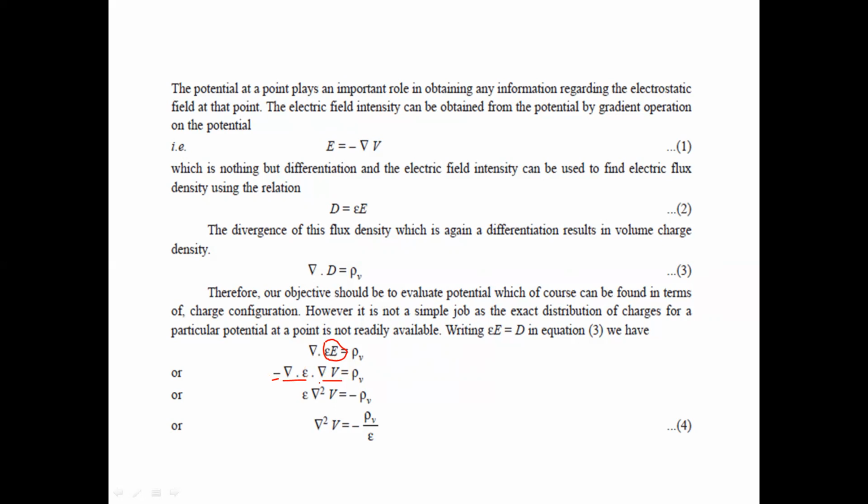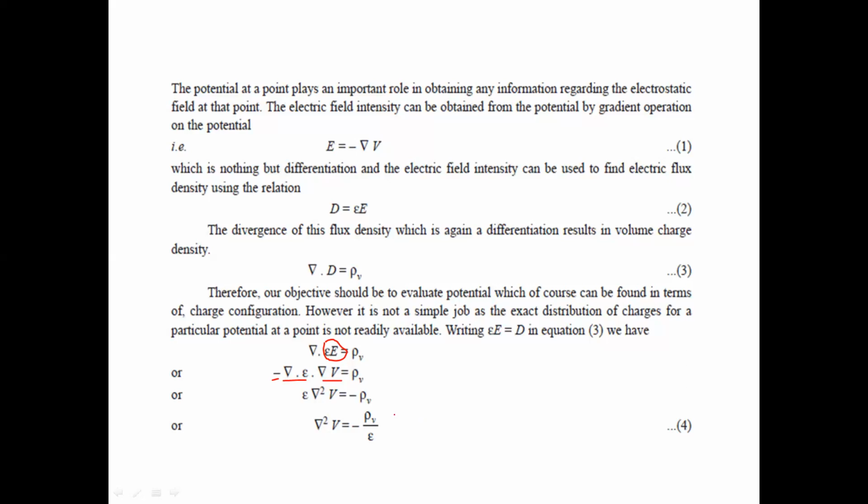So this del dot del will become del square. So epsilon del square V is equal to minus rho V, the volume charge density. Or simply, del square V is equal to minus rho V by epsilon.